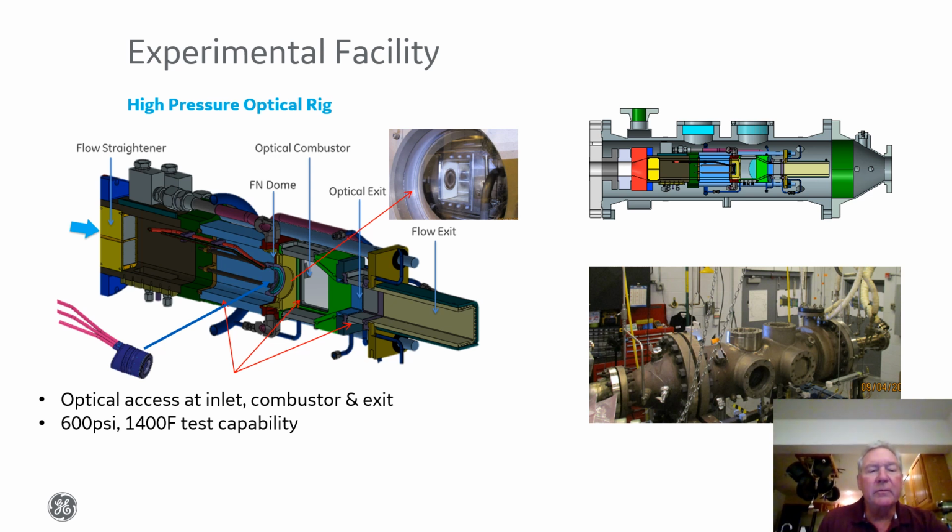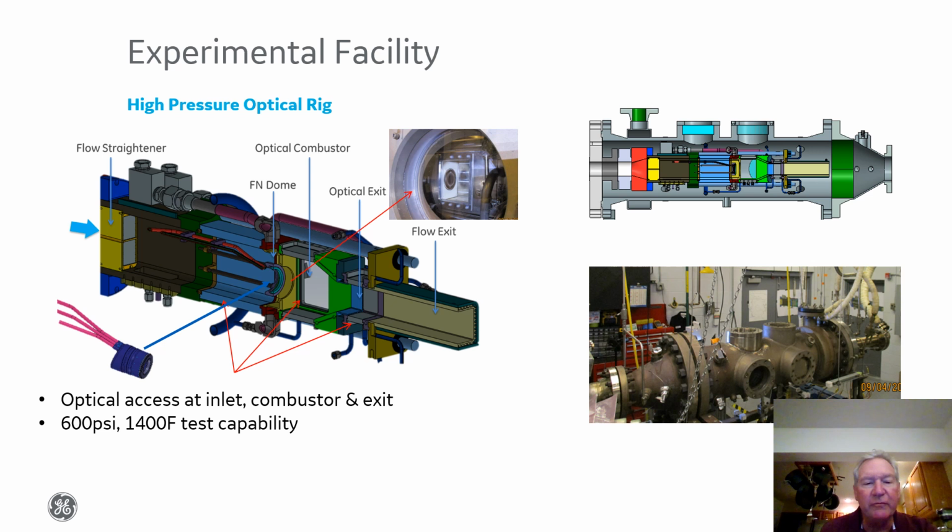An example of some of the work we've done is shown in this slide. We have an experimental facility where we can put a fuel injector for an aviation type combustion system into a chamber, and then we have full optical access to apply both laser-based measurements as well as other more traditional probe-based measurements if we'd like.